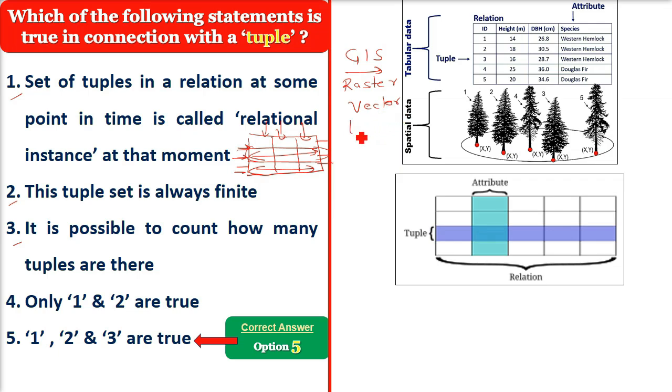Same with vector: point, line, polygon. You want to put a text. All these different kinds of data have to be kept somewhere in a GIS system. So these will be kept in some table, and this table combination is the database management system. That is, you keep a database of all these geographic data. Then you have input and output tools or programs that are called the management system.